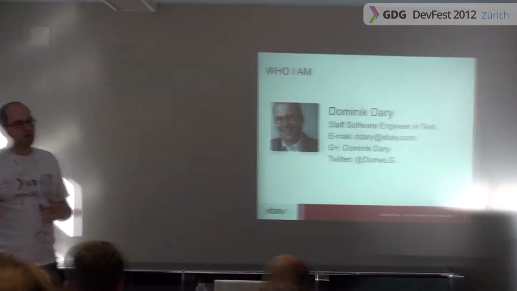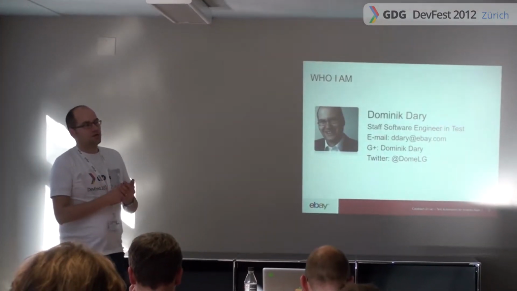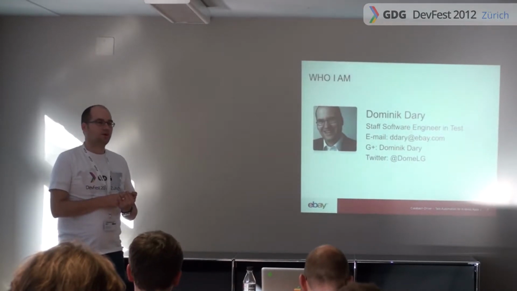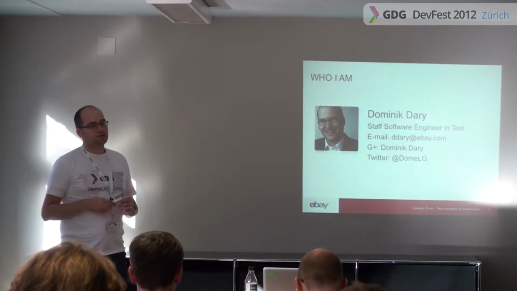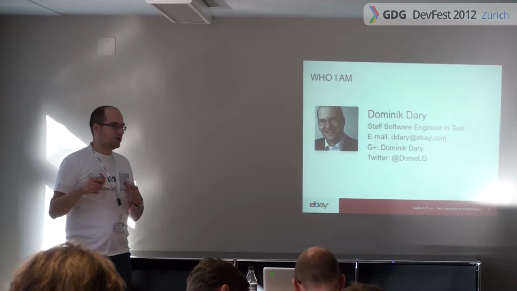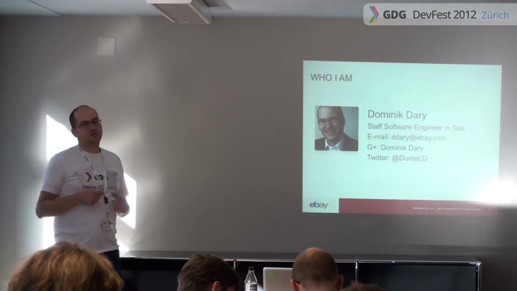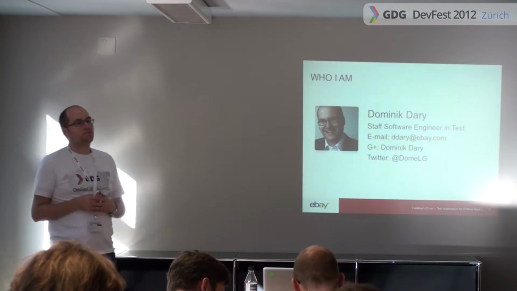Then there's Android, and then Windows Phone and BlackBerry. We have apps in these areas, but there's not so much transaction volume. In our team, we test only the iOS platform and the Android platform.